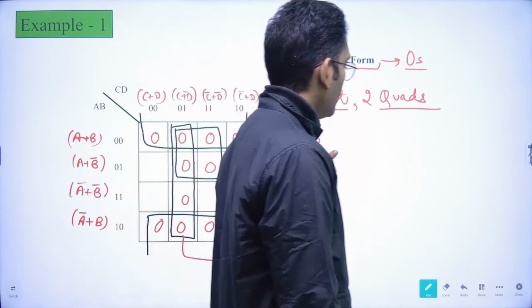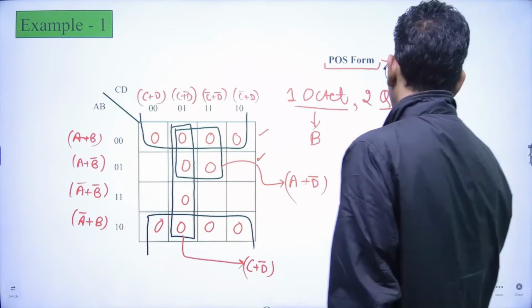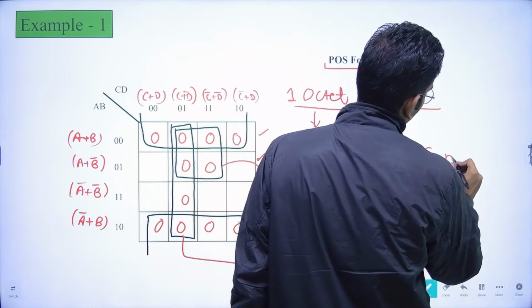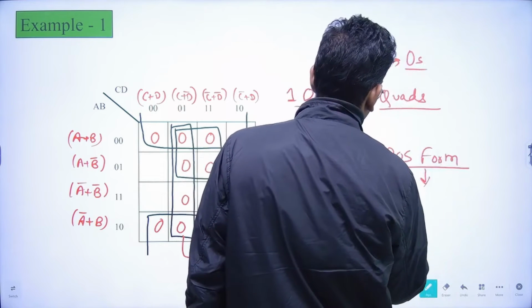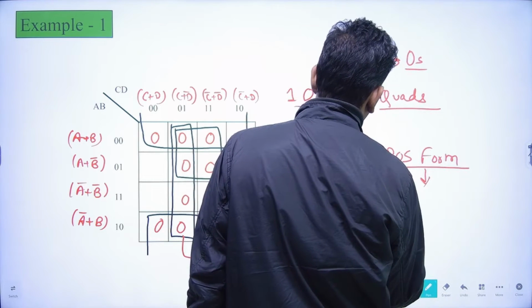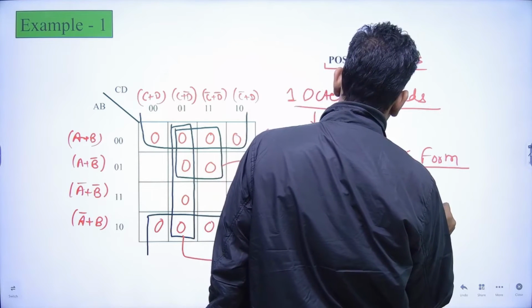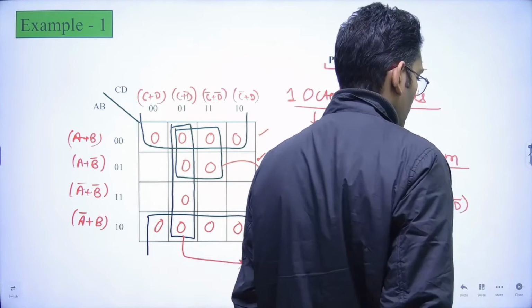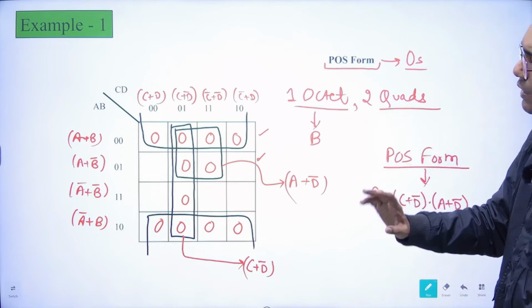So now we have got the values of all the things and we can write our final POS form. The final POS form would be the product of sums: B dot (C plus D bar) dot (A plus D bar). So this would be our final POS format of this particular example.